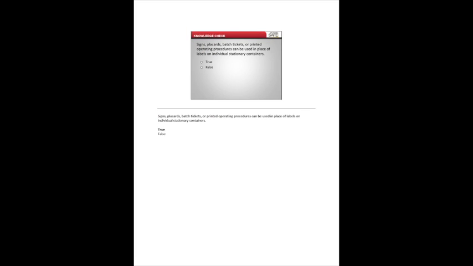Signs, placards, batch tickets, or printed operating procedures can be used in place of labels on individual stationary containers, such as tanks. Next slide. Knowledge check. Signs, placards, batch tickets, or printed operating procedures can be used in place of labels on individual stationary containers. True or false? True. Next slide.